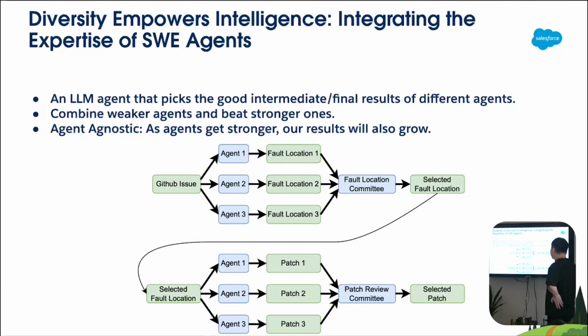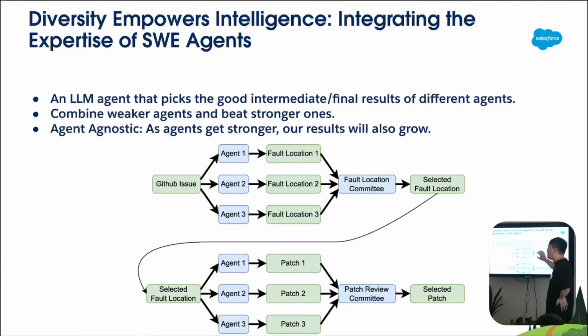It's a pretty simple design, but it leverages the shared workflow of those three agent frameworks. Usually the first stage is fault localization and the second stage is code editing, and at each stage we're able to use multi-agents.